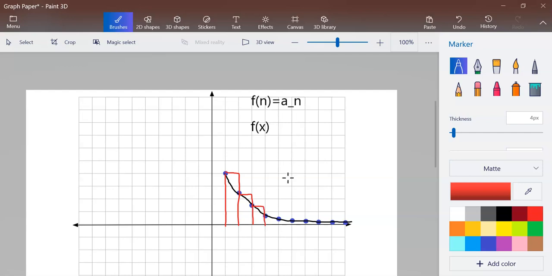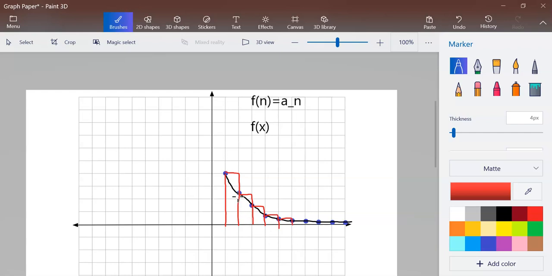Because my function is decreasing, if the area underneath this black curve is infinite, then obviously these red rectangles, which are the infinite sequence itself, are all bigger, and therefore the sum of the area of these red rectangles also has to be infinite.